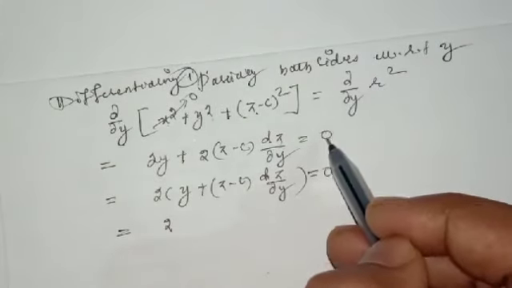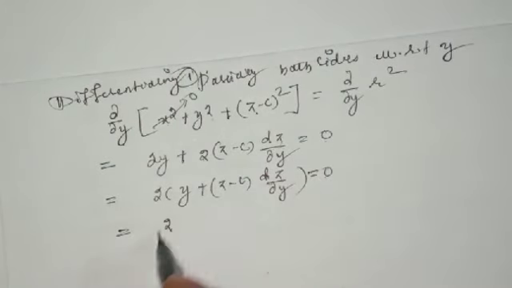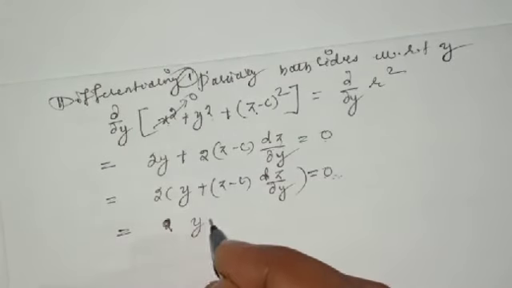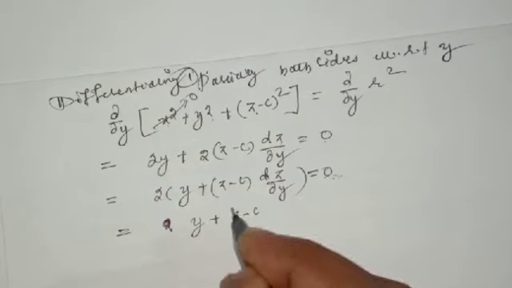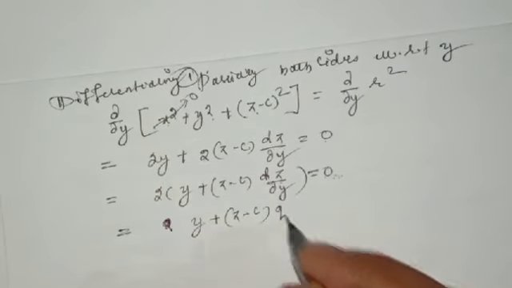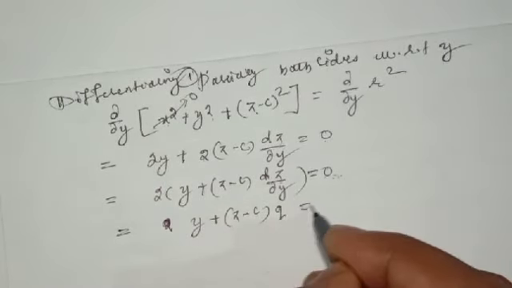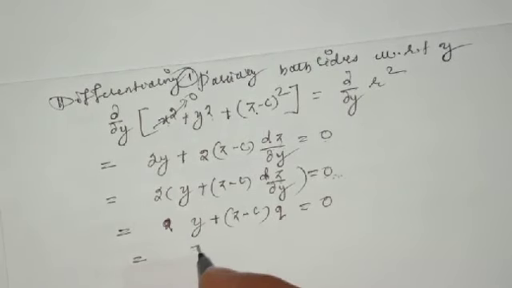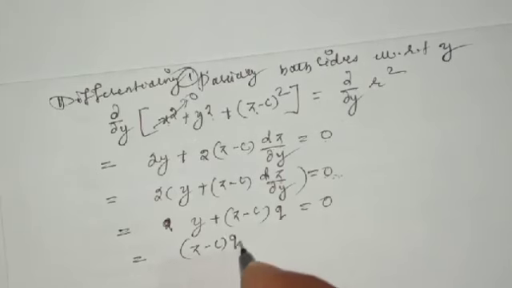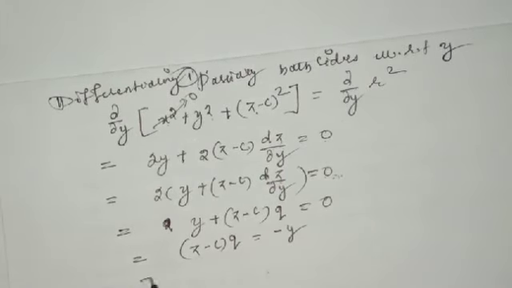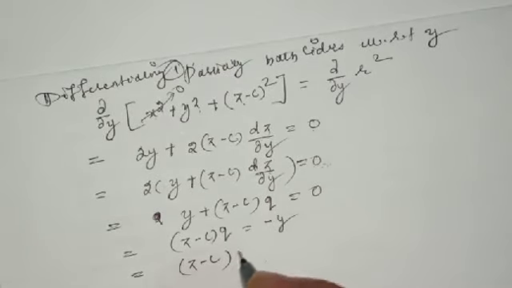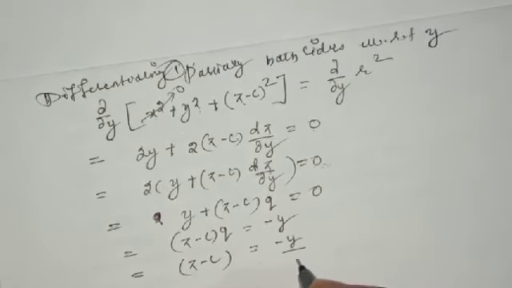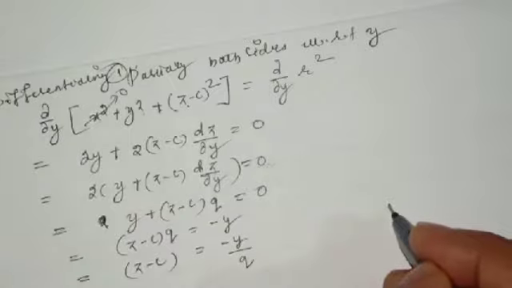Taking del z by del y as q, y plus (z minus c) q is equal to 0. So it means (z minus c) q is equal to minus y, and z minus c is equal to minus y by q.